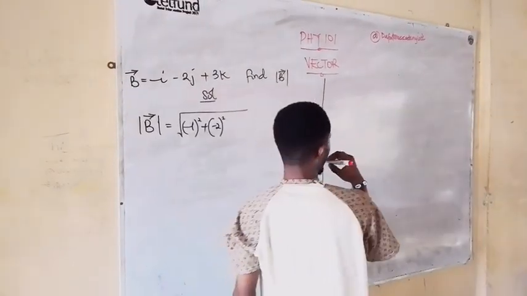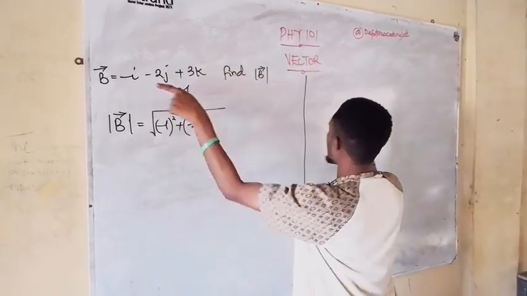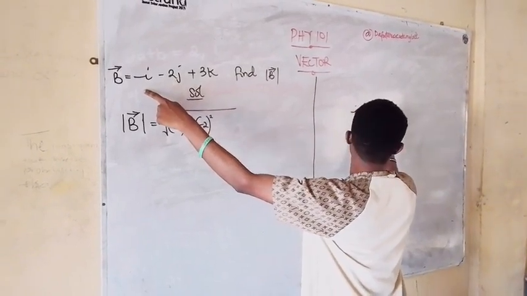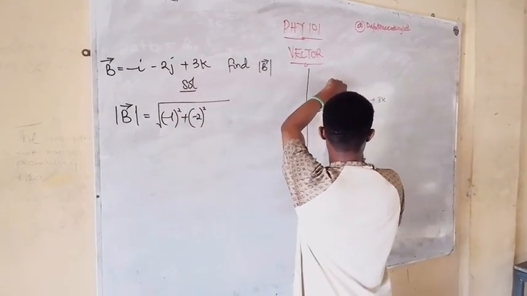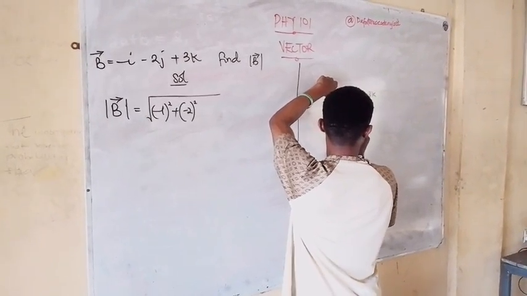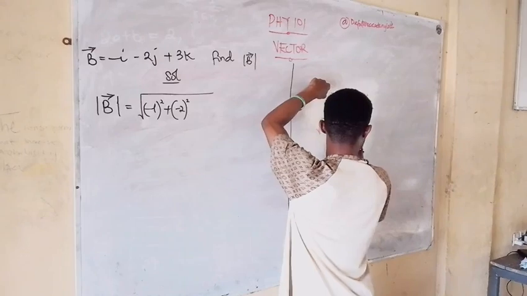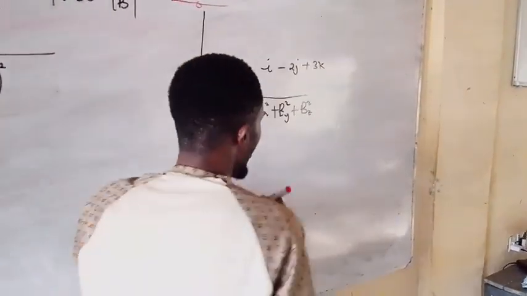That simply means there's a formula like this. If I have only minus i minus 2j plus 3k, I can simply say that this can be root of ax square plus by square plus bz square. What am I trying to tell you?